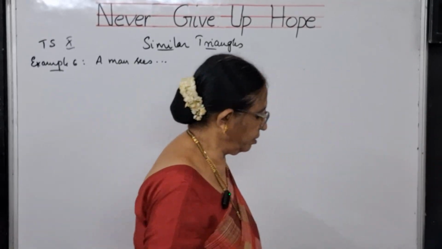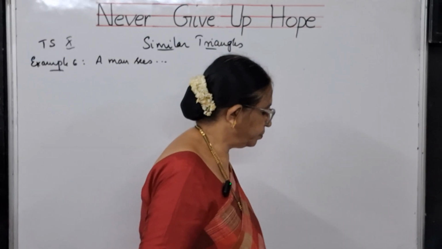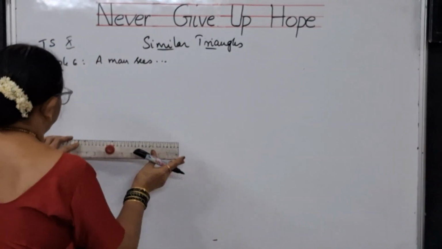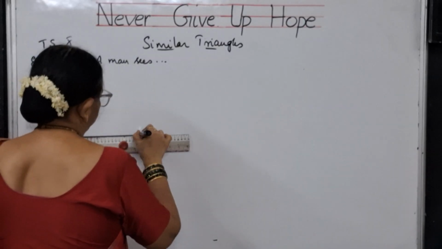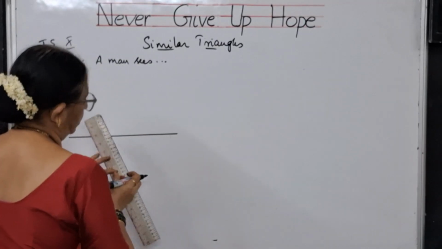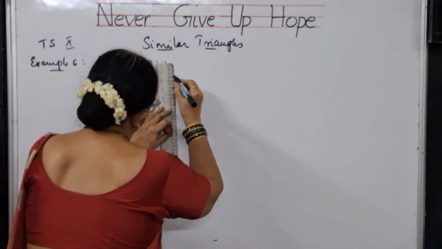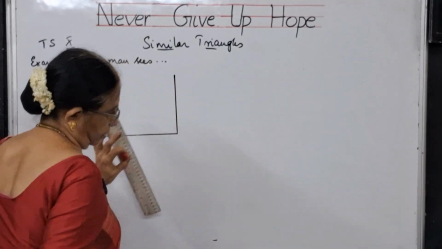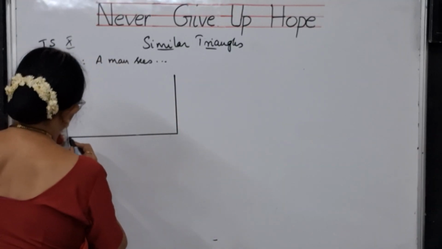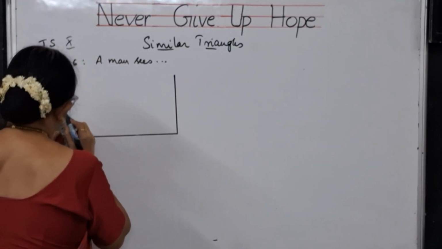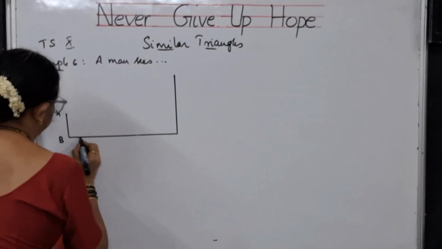So for this, let me draw the figure first. This is the ground and there is a tower. Let us consider this as a tower and here there is a person. Let me call AB the person.